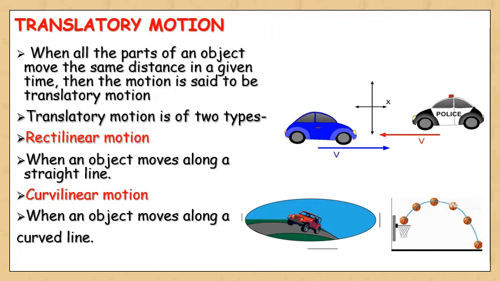When an object moves along a curved line, its motion is called curvilinear motion. For example, a car moving along a curved path, or a ball thrown by a boy.